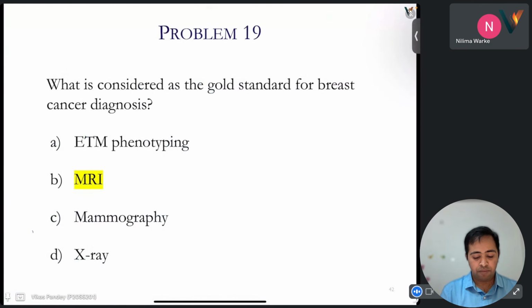These all are ways of diagnosing breast cancer, but mammography is the common one that is used. If there is some chance of positivity in mammography, to confirm it, people go for MRI, and then for other kinds of tests. These are used for early diagnosis, even before it has developed into a full-fledged cancer. Okay.